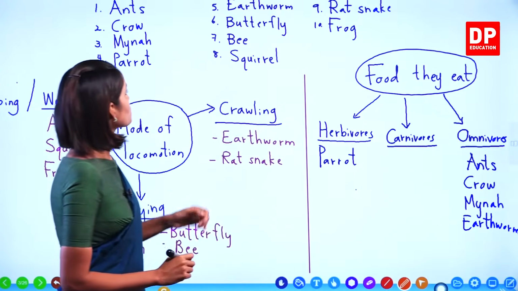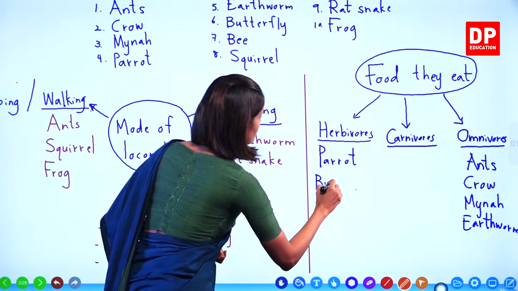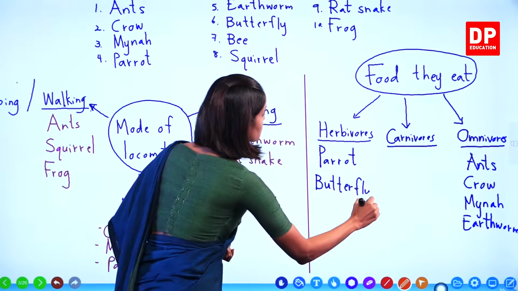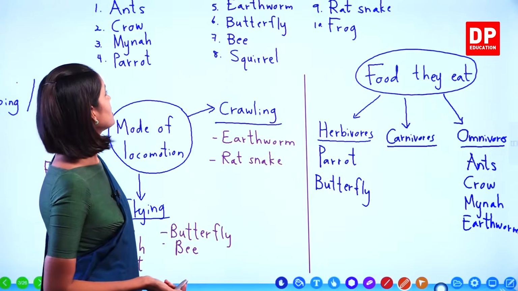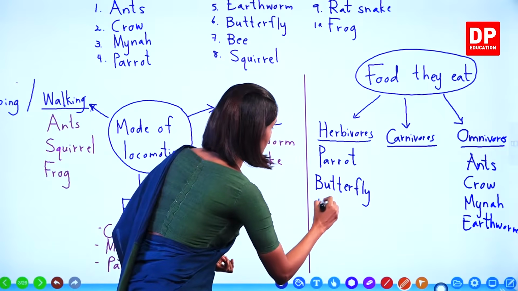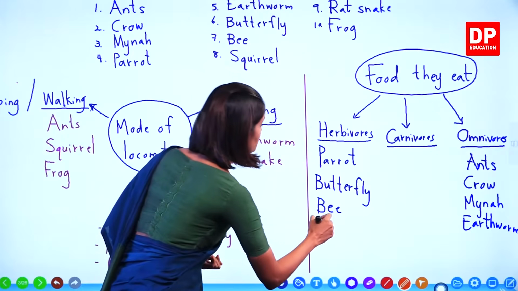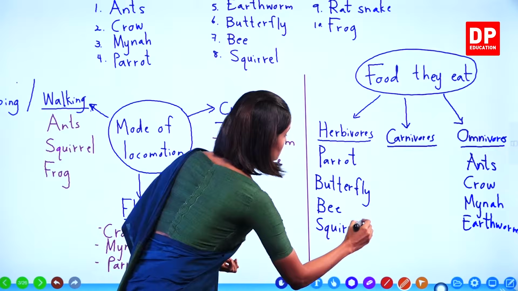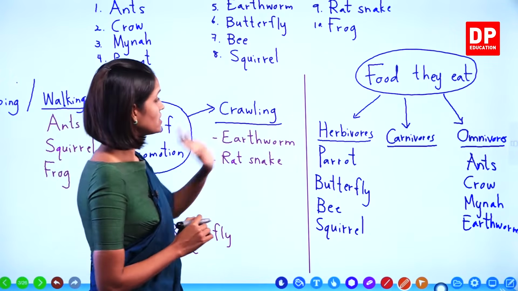Right? What about the butterfly? Herbivore. Butterfly is a herbivore because they feed on nectar. Right. What about bees? Herbivores. Bee, squirrel, herbivore. Squirrel, herbivore. Rat snake. Rat snake is coming under carnivores.